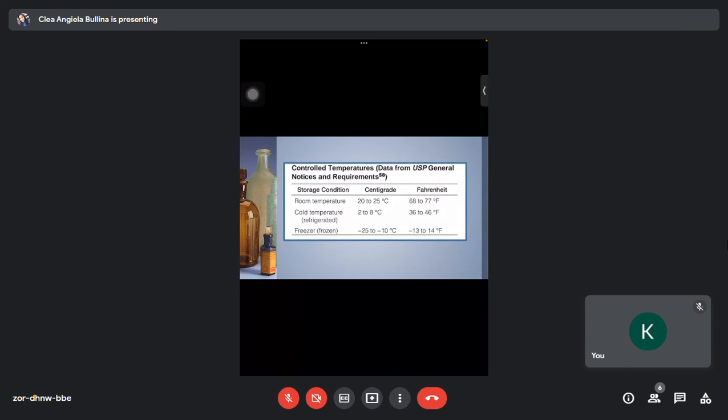Okay, so the facilities should maintain a comfortable room temperature. That would be again room temperature, so that would be 20 to 25 degrees Celsius, or pwedeng cooler pa talaga, below 20 degrees Celsius. Okay?